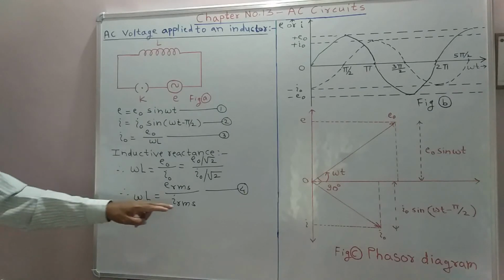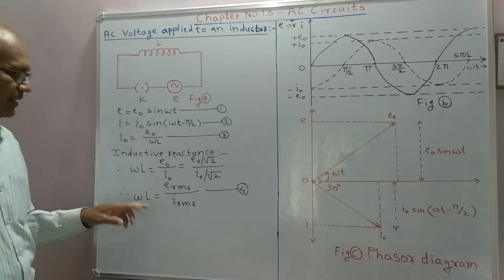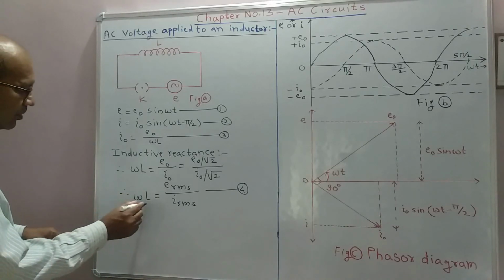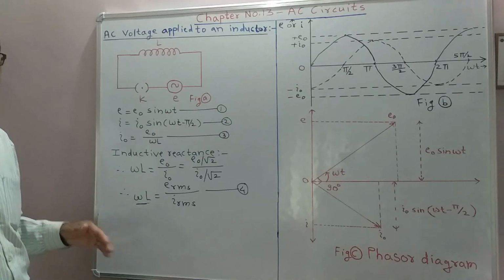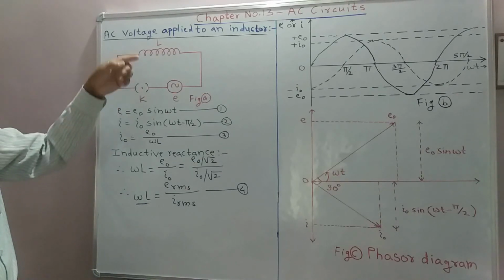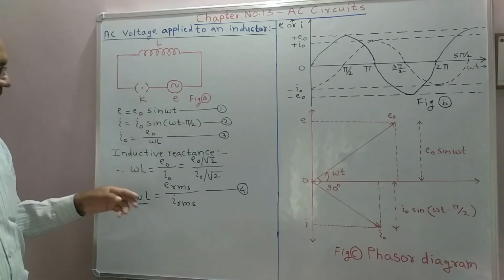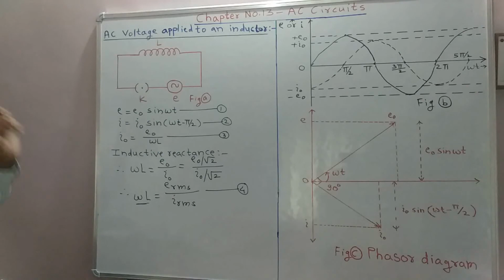Now this equation is similar to Ohm's law equation, and thus the quantity omega L represents effective opposition, that is resistance, of an inductor to the flow of current through it.